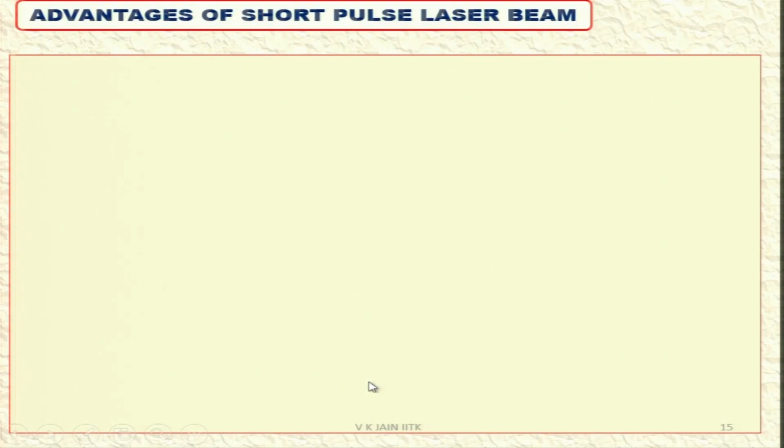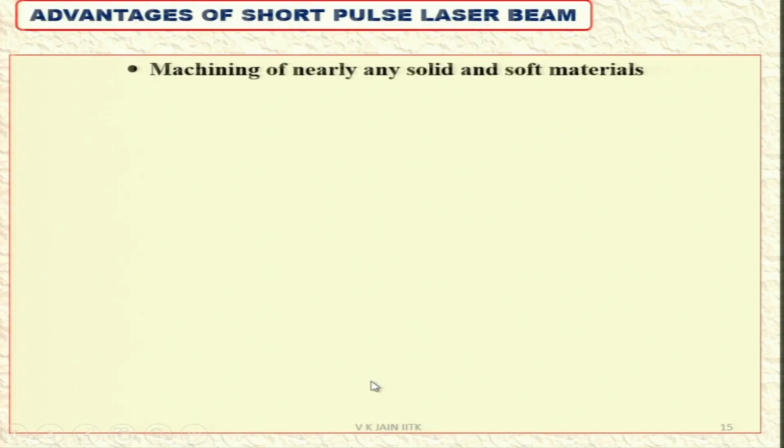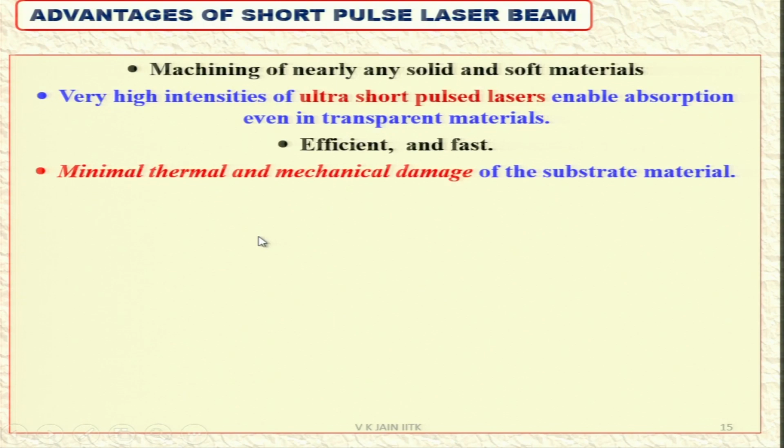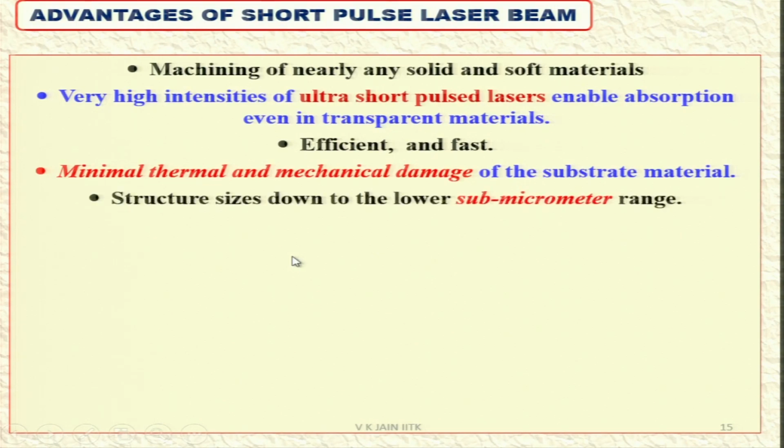Advantages of short pulse laser beam. Machining of nearly any solid and soft materials is possible. Very high intensities of ultra short pulsed lasers enable absorption even in transparent material. Efficient and fast. Minimal thermal and mechanical damage of the substrate material or workpiece material.